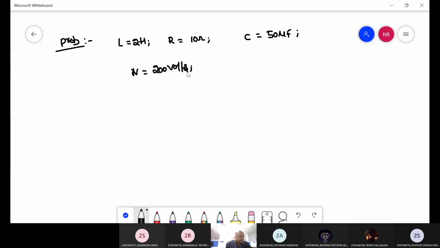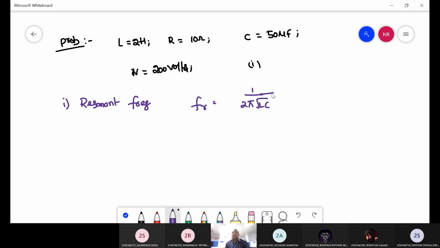Variable frequency supply. First, what we need to find out is the resonant frequency. Required data: the first one is the resonant frequency. Resonant frequency FR is equal to 1 by 2 pi under root of LC. We derived this. How does it come?